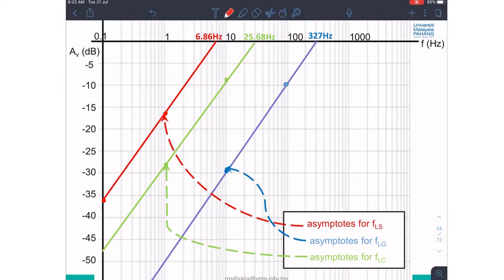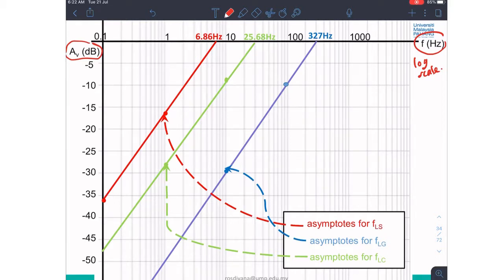We draw the gain in dB versus the frequency, in log scale. Remember, this is in log scale, and here AV is in dB, decibel.